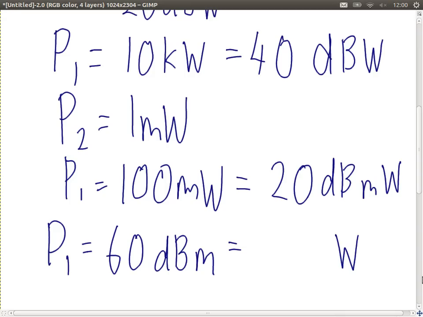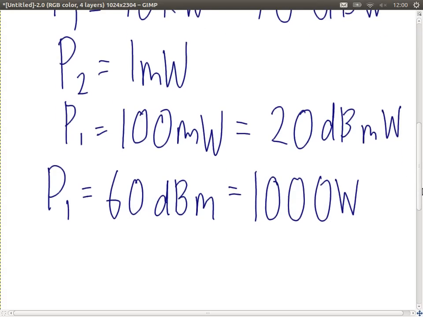Can get confusing. 60 dBm is the same as saying 1000 watts, which is the same as saying how many dBW? 30 dBW.